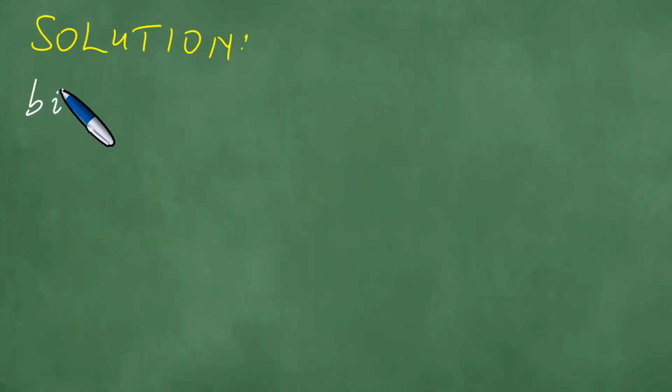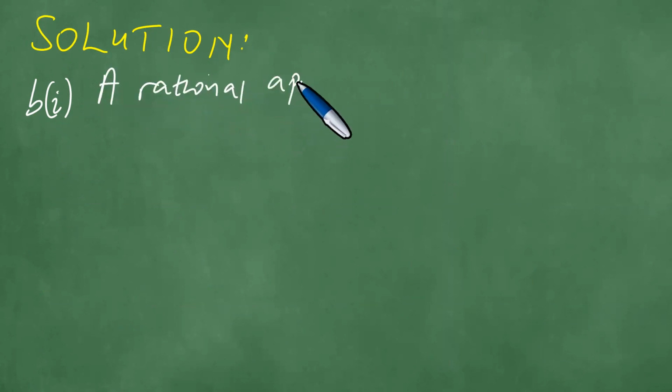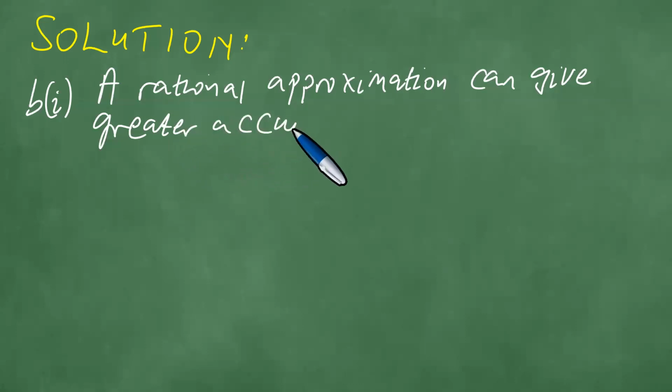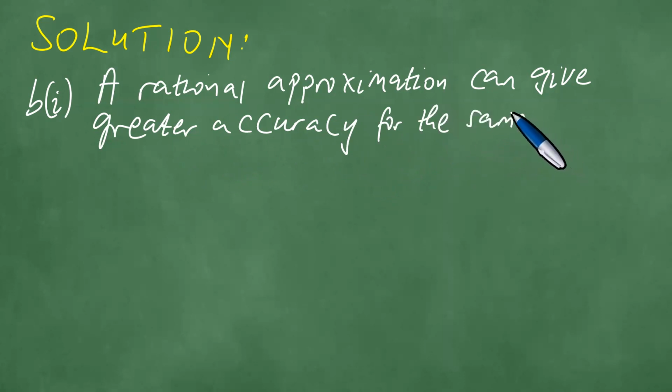That is part B, first Roman figure: a rational approximation can give greater accuracy for the same number of coefficients.